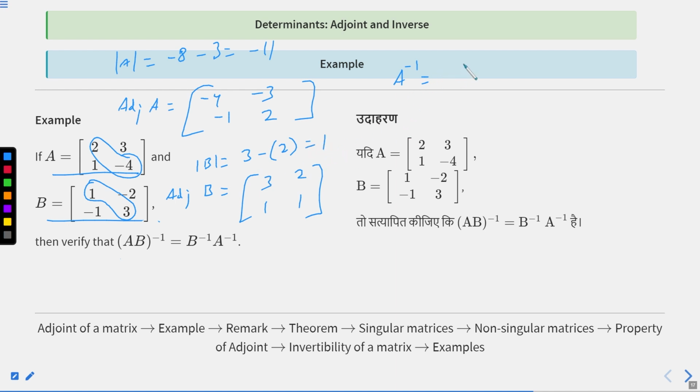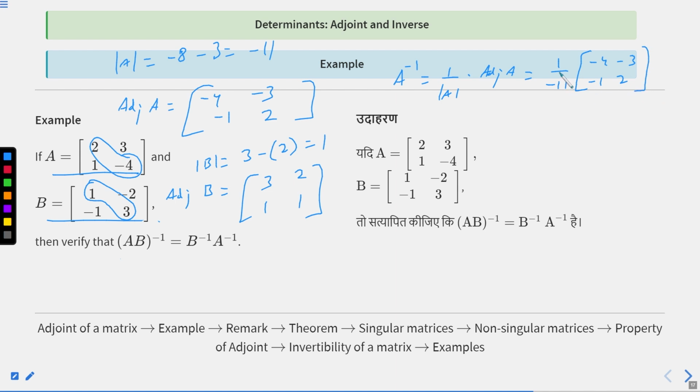So A inverse will be adjoint of A divided by determinant of A. Okay, I'll be writing like this: adjoint of A multiplied with 1 by determinant A. Okay, now let me just make some space. So 1 by determinant A multiplied with adjoint of A. Now adjoint of A will first be this, and multiply with minus 4, minus 3, minus 1, 2.